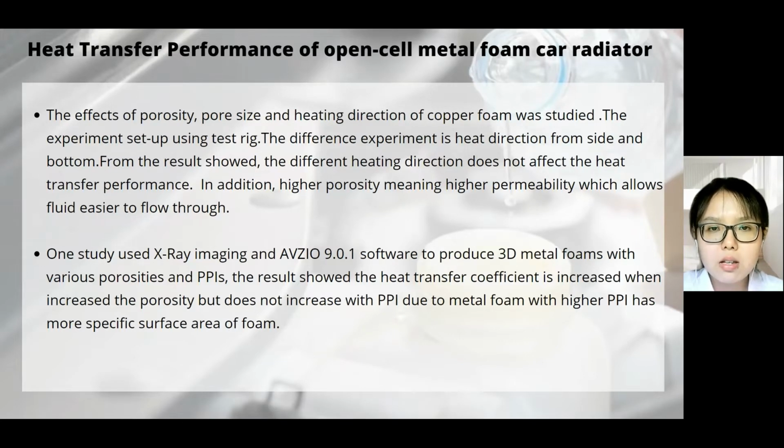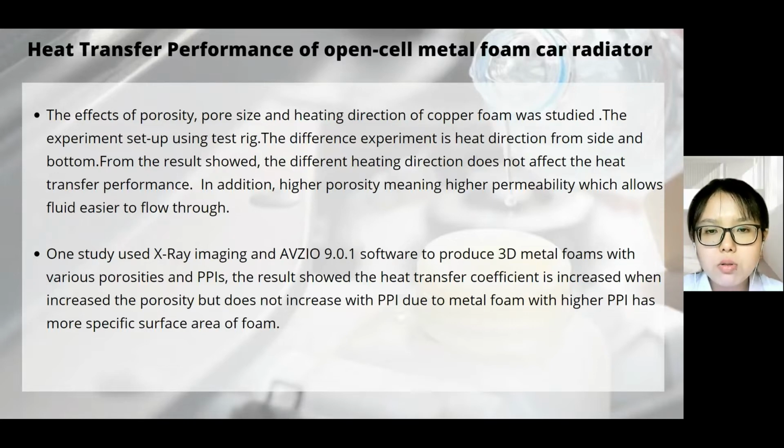The first point is a study about the porosity, pore size, and heating direction of copper foam. This experiment is set up using a test rig, and the difference is that the heat source is from the sides and the bottom. The result shows that different heating directions do not affect the heat transfer performance. In addition, higher porosity means higher permeability, which allows fluid to flow through more easily.